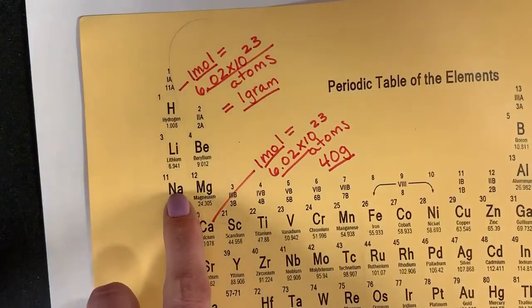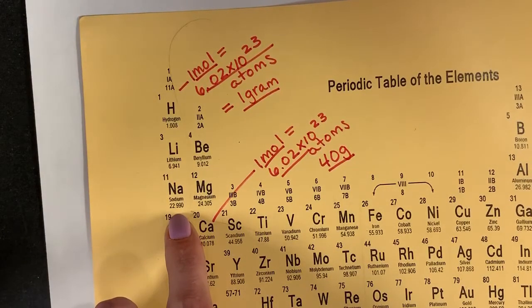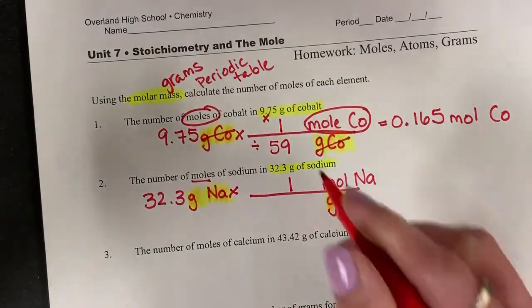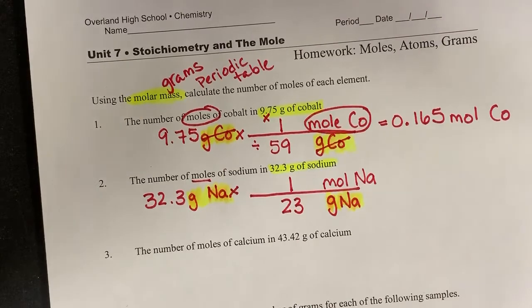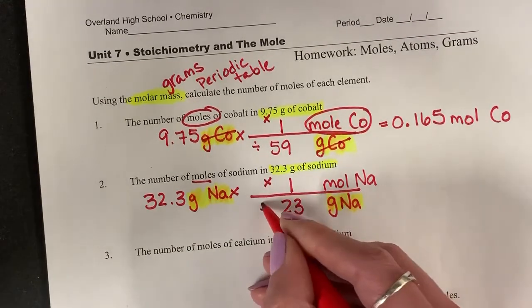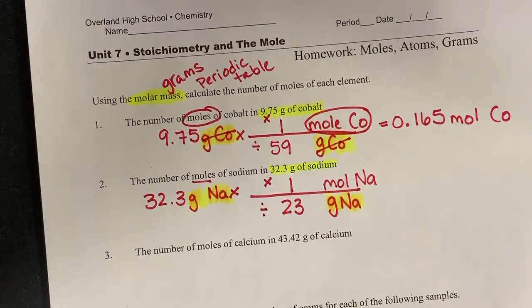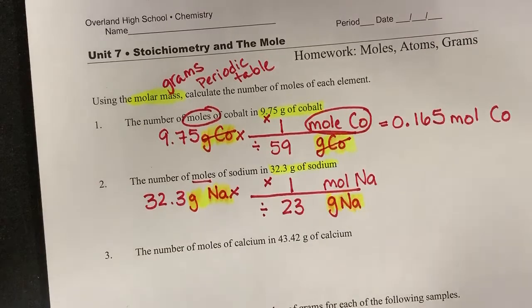I found sodium on the periodic table, 22.990. I'm going to round that to 23. Numbers on top I multiply, numbers on bottom I divide. So 32.3 times 1, any number times itself is always the same.